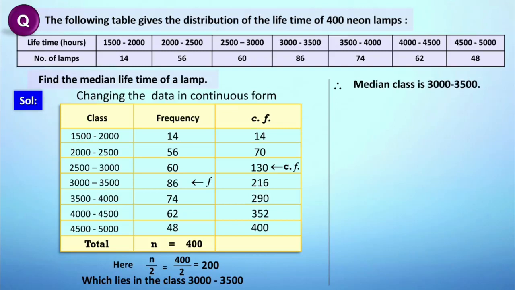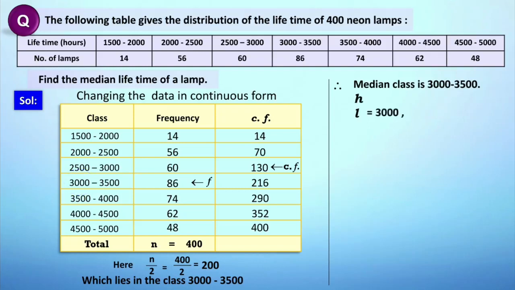Then the class interval preceding the median class is 2500 to 3000. The corresponding cumulative frequency will be CF. So we mark CF as 130. Now we know n upon 2, we know F, we know CF, we will mark L. L is the lower limit of the median class, which is 3000. We know L.